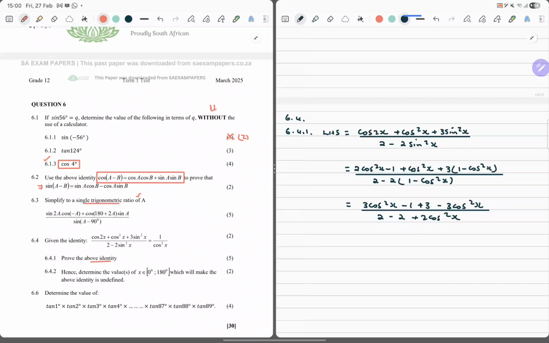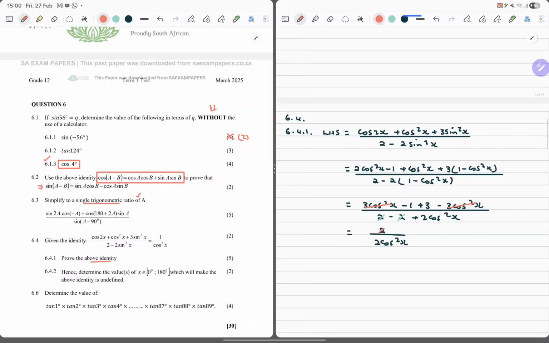Okay, that's easy. Now we can see that these are like terms, so they will cancel each other to 0. So minus 1 plus 3 is 2, divided by 2 minus 2 again is 0. So what we have left is just 2 cos squared x.